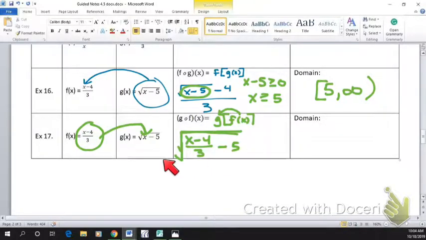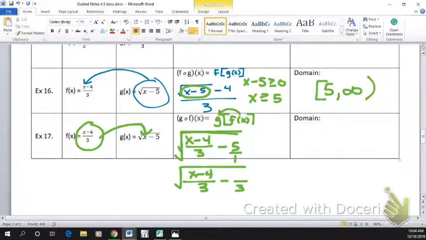Now they're probably going to want you to simplify that. How can I simplify what's inside there? You're probably going to have to find a common denominator and put them together and make them one fraction. So if you have a 5 over 1 and an x minus 4 over 3, what's your common denominator? 3. So if I rewrite those so that they both have a 3 on the bottom, that's x minus 4 over 3. How can you change a 5 over 1 to something over 3?